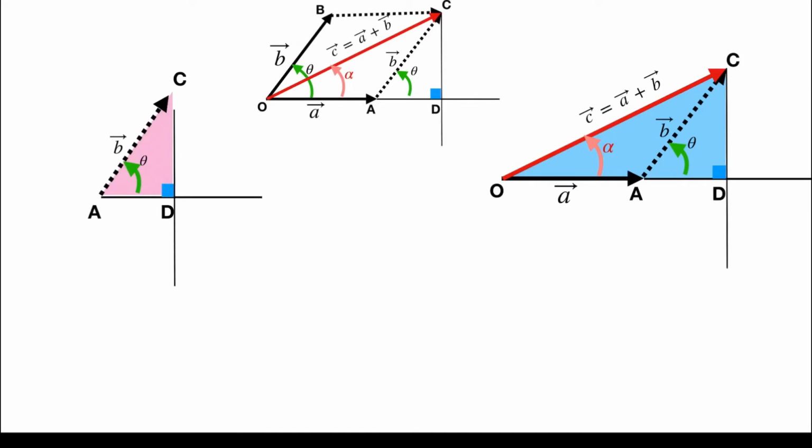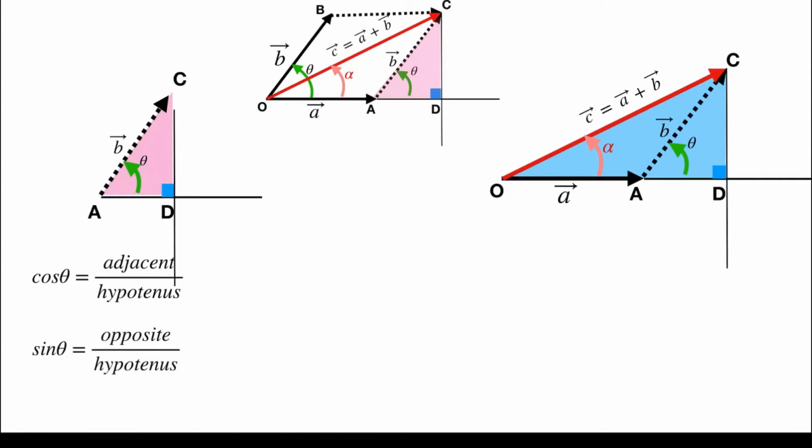By using these two right angle triangles, we will establish the magnitude and direction of the resultant vector. From triangle ACD, we use trigonometric functions: cos theta is the adjacent side divided by the hypotenuse, and sin theta is the opposite side divided by the hypotenuse of a right angle triangle.